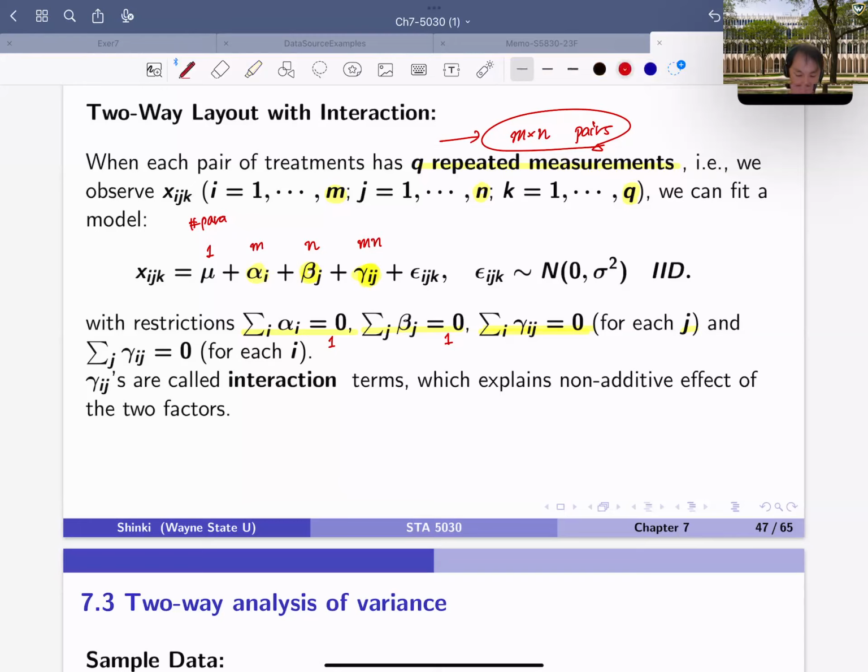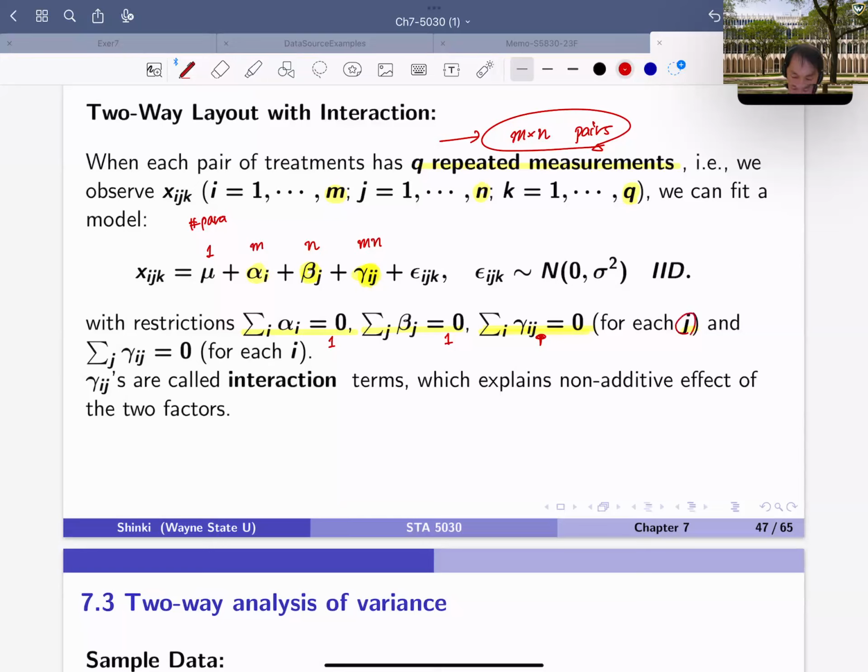So we have to set the summation of this equal to 0, or we set one, maybe January, as the baseline. So we need the condition that the summation over i of gamma ij is equal to 0.